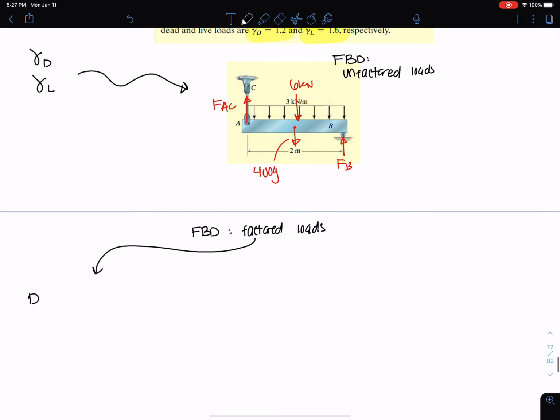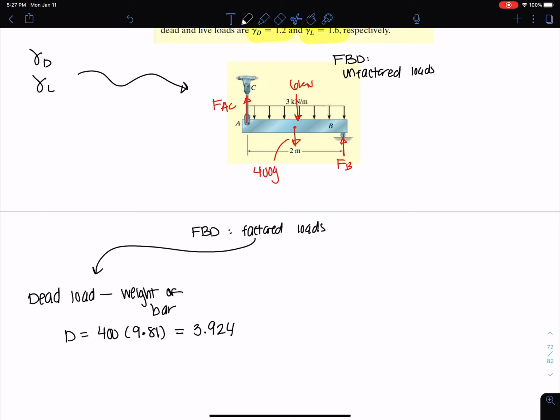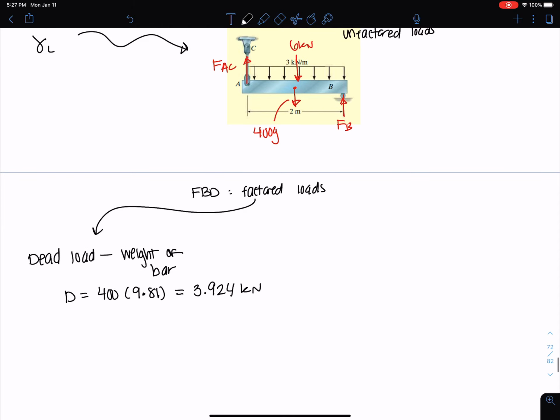So what is the dead load here? Dead load means it doesn't move. This would just be the weight of the bar. So the dead load in this case, D, I already wrote it down here, is 400 g, and that's equal to 3.924 kilonewtons. 1.2 times D is equal to 4.709 kilonewtons.